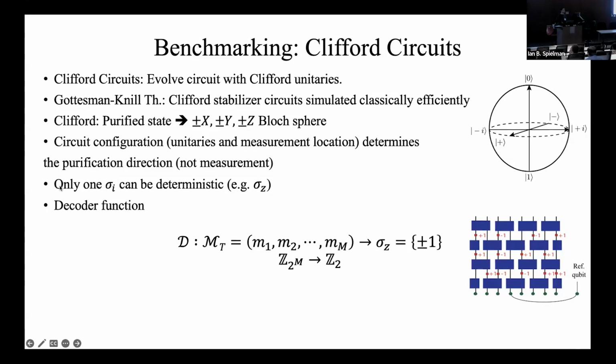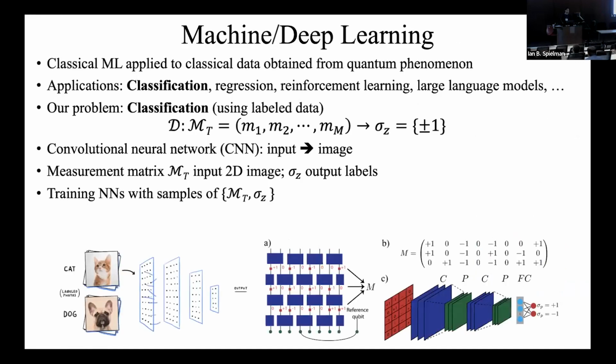So in these circuits, we only need to obtain one value of the spin of the qubit. Therefore this decoder function becomes simpler, because in the output we only need to determine one spin of the qubit.